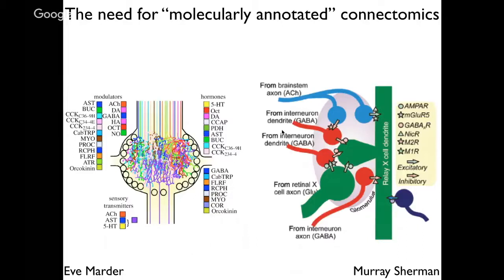It has more modulators than it has neurons in the circuit, and it's interesting to think about whether that will also be true for other circuits, or at least whether the complexity might not have gone down much as you go up into something like the cortex of a mammal.